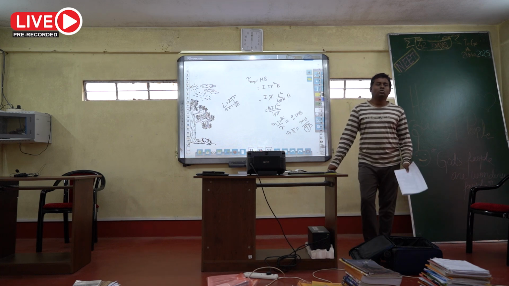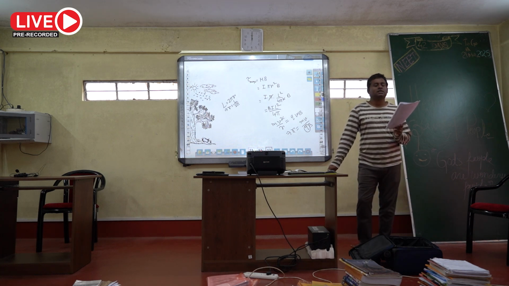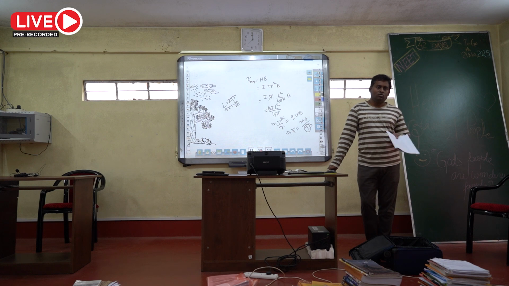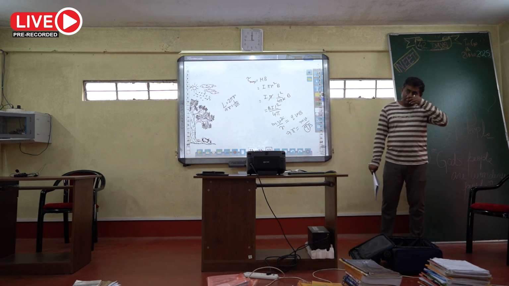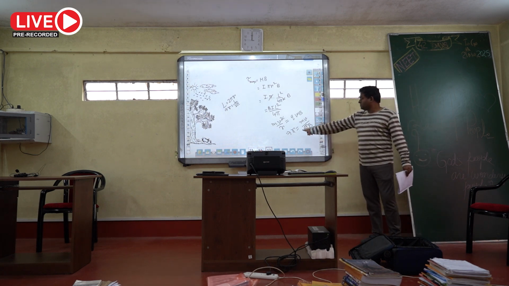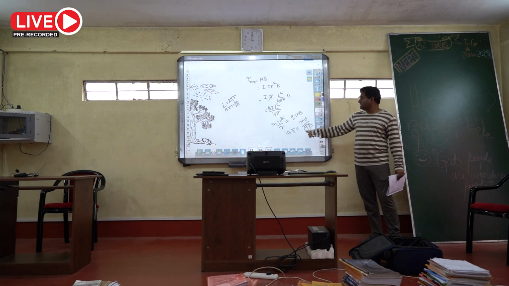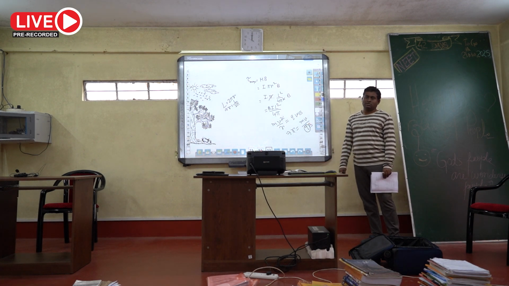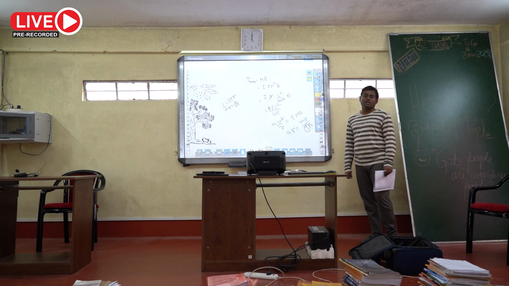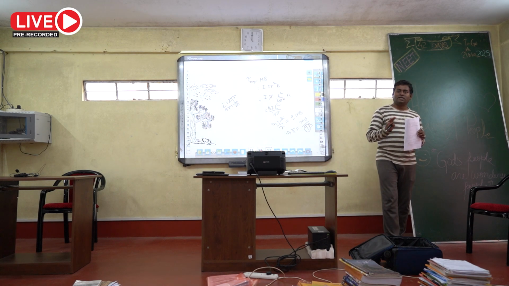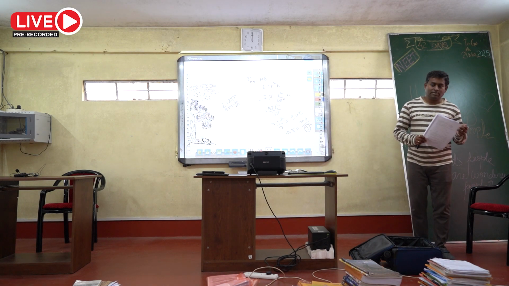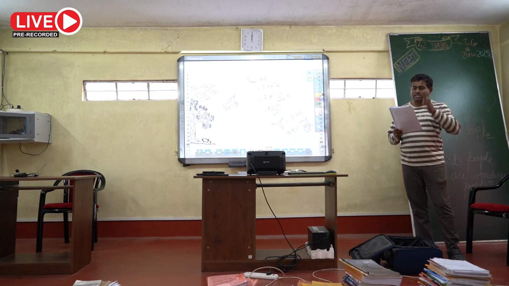The only thing you can predict is that both particles have the same charge and both are positively charged. So only option A is correct, because q depends not only on r, it depends on m and v also, but we don't know whether m and v are equal or different.